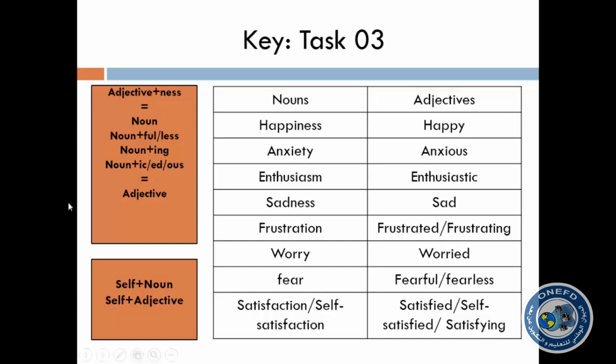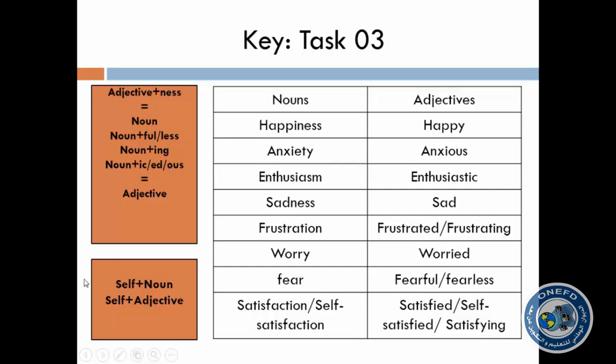So let's recapitulate. In order to make a noun, we can have an adjective plus -ness, and in order to make an adjective, we can have a noun plus the suffix -ful and -less, or the suffix -ing, or the suffixes -ic, -ed, or -ous.